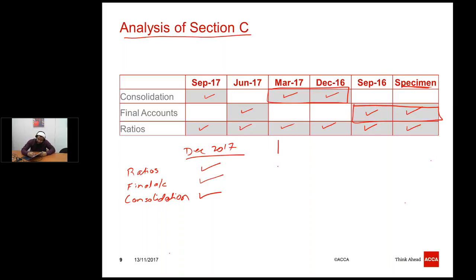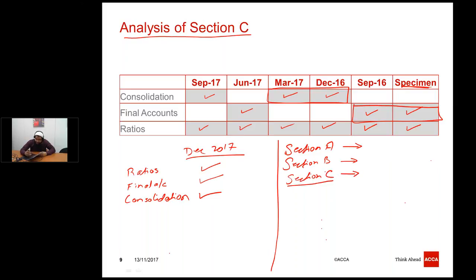Now, let's discuss one more thing and then we are going to start the accounting standards. In section A, the question can be from anywhere in the syllabus. In section B and section C, which areas can be asked?